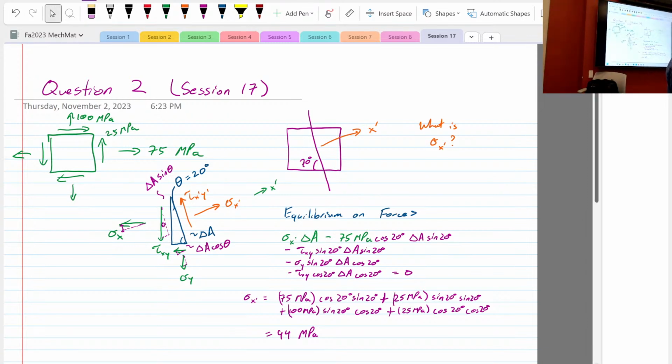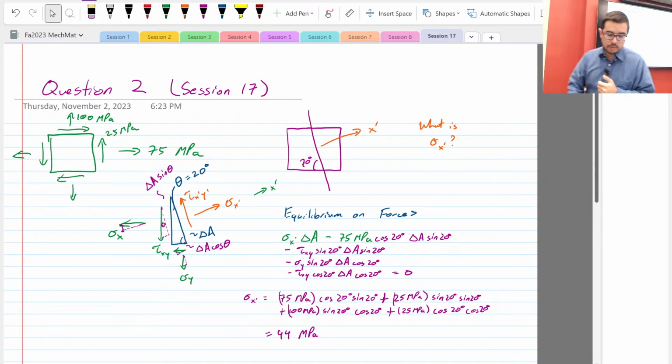Okay? So for that, what you'll see is that we can use a couple of matrices, the rotation matrix times the stress tensor times the transpose of the rotation matrix, and we'll be able to tell you what the state of stress is. Okay.